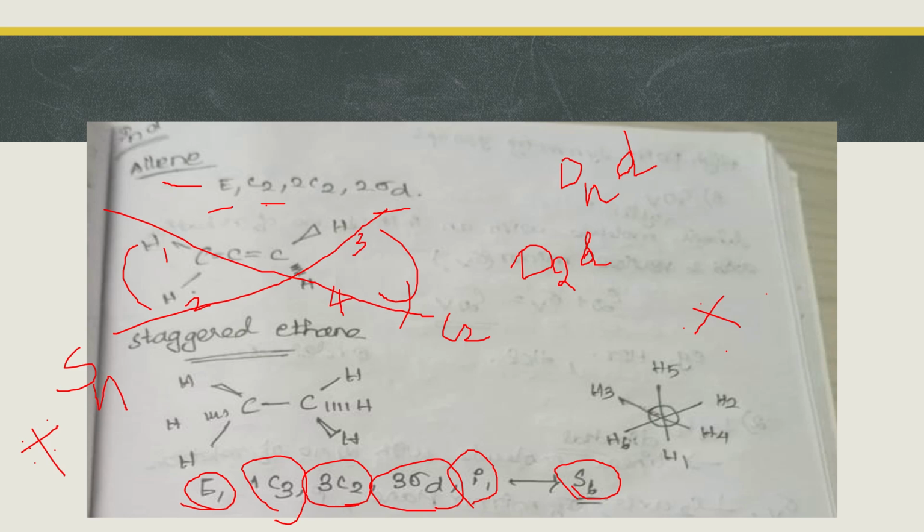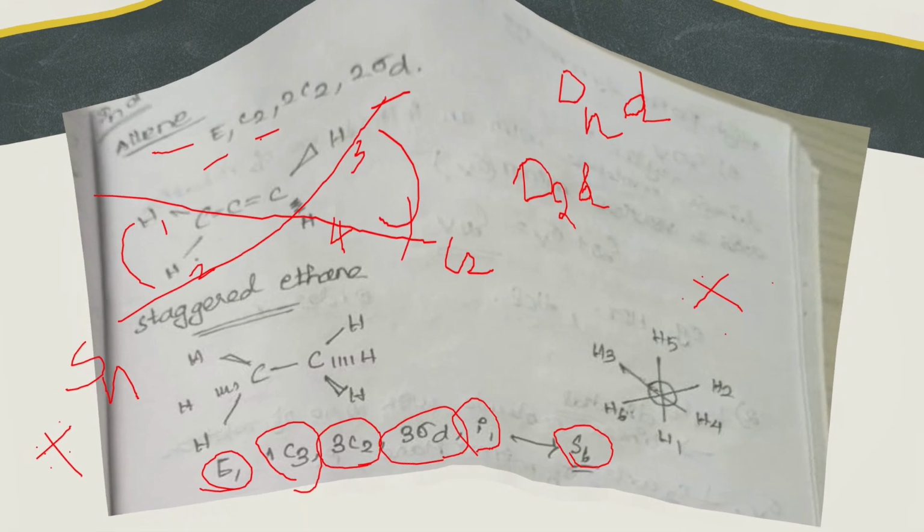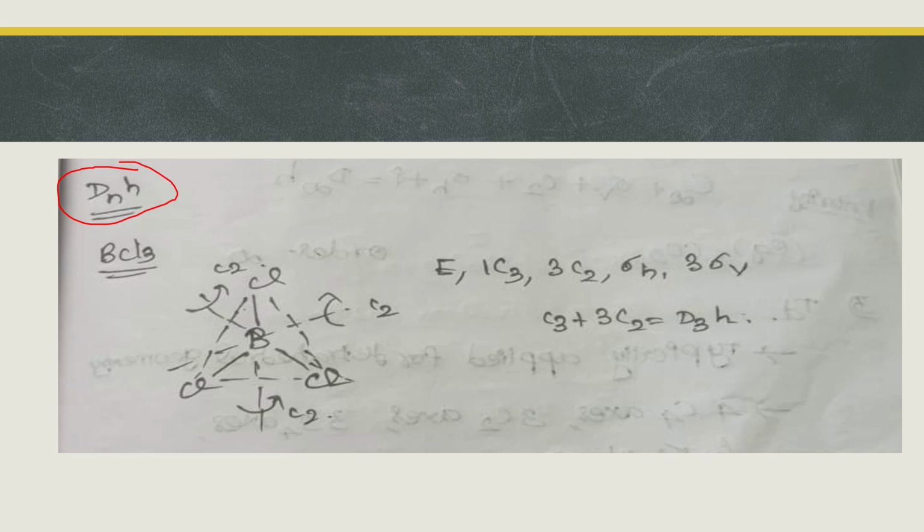Next, we move to the Dnh point group. For the Dnh point group, BCl3 is the common example. For BCl3, we see that it has the identity. It also has the C3 rotation. This is Cl1, this is Cl2, this is Cl3. So we rotate this molecule by 120 degrees. So it has the C3 rotation, and also it has 3 C2 axes. This is the one, this is the two, this is the three.